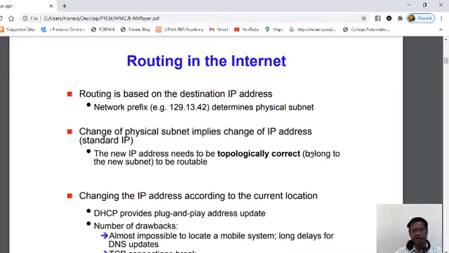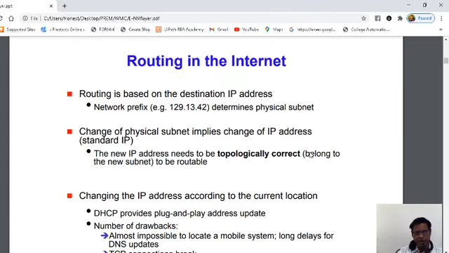Routing in the internet: this topic explains routing technologies. What is routing? Routing is based on the destination IP address, where routing is established through the networks, helping packets to reach the destination IP address.